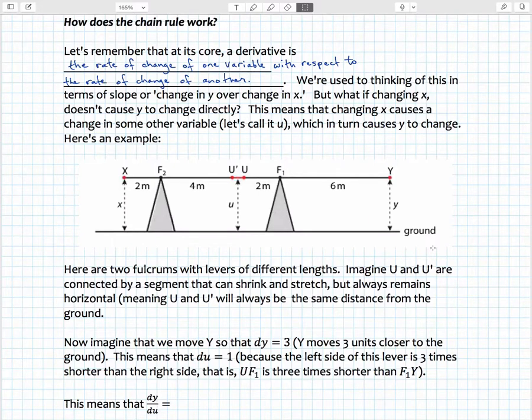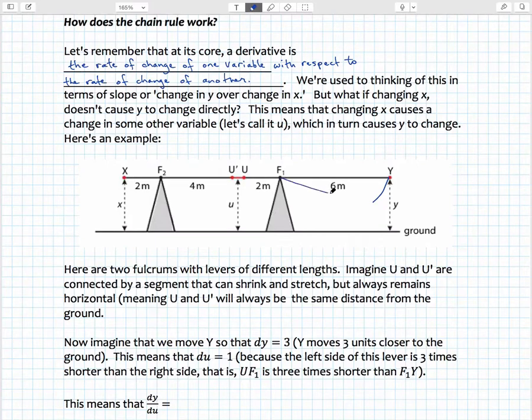Okay, so let's imagine that we do move this endpoint y down here. Imagine that we move it so that the change in y is 3. In other words, point y is going to move 3 units, meters, I guess we're talking about, closer to the ground. So let's imagine it swings down in this way.